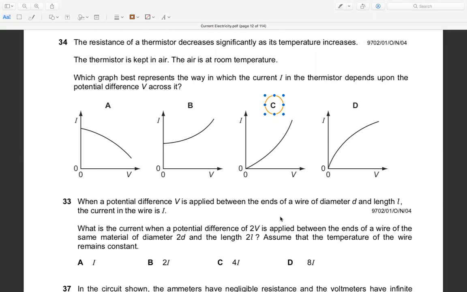We find R first. R equals L over A, and A depends on D. So R1 divided by R2 is L1 divided by L2 times D2 divided by D1, squared, because resistance is inversely proportional to the cross-sectional area.